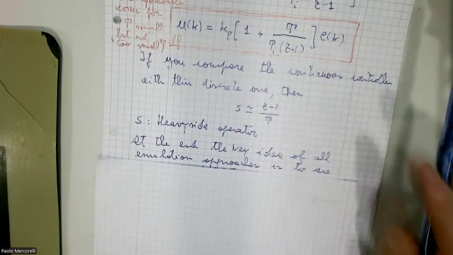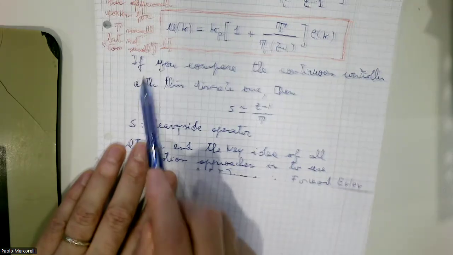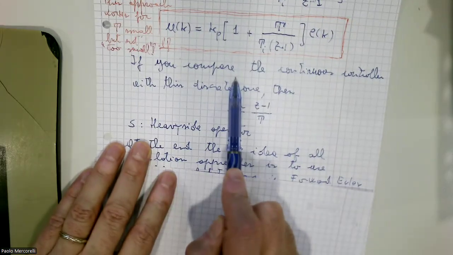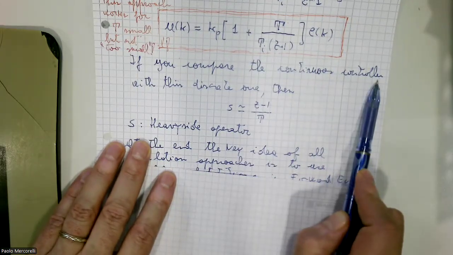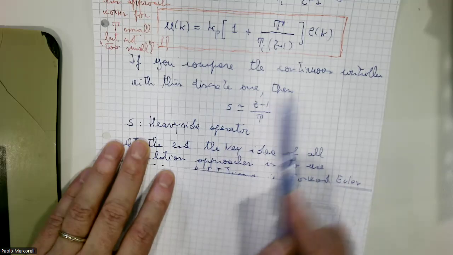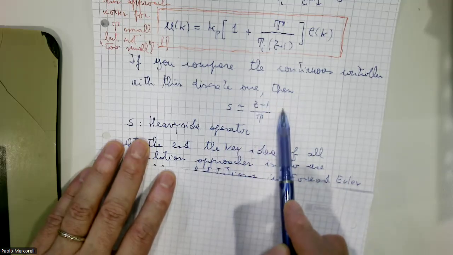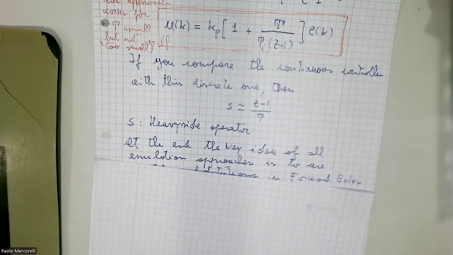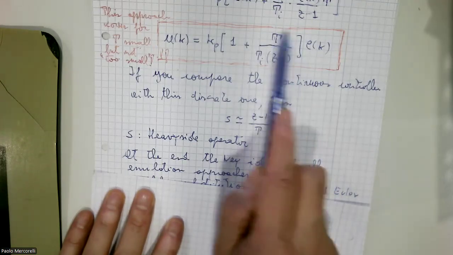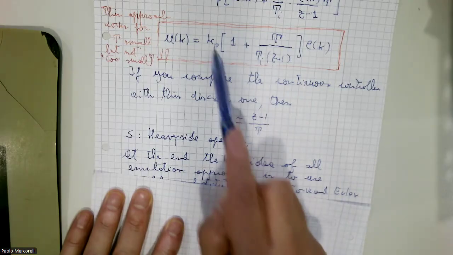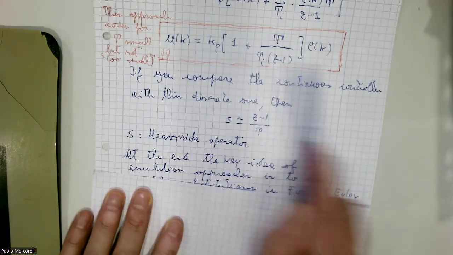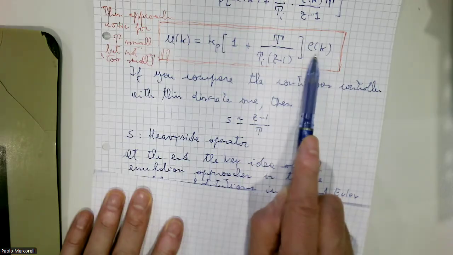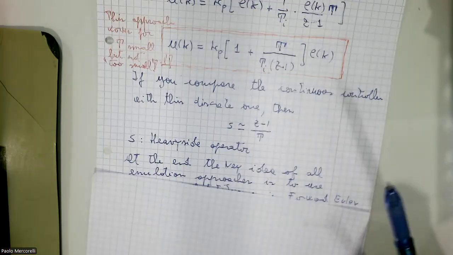Look, please pay attention now. If you compare the continuous controller with this discrete one, now look, it's interesting. Now I'll show you why at the beginning I told you I calculated the transfer function I will use later. You remember I told you. Because I have this expression, u of k as a function of e of k, is this one.